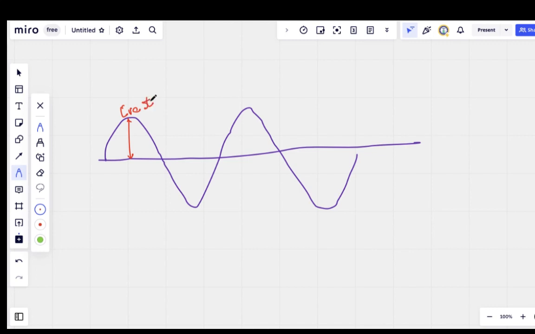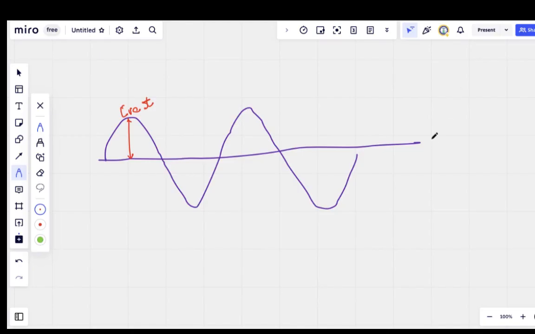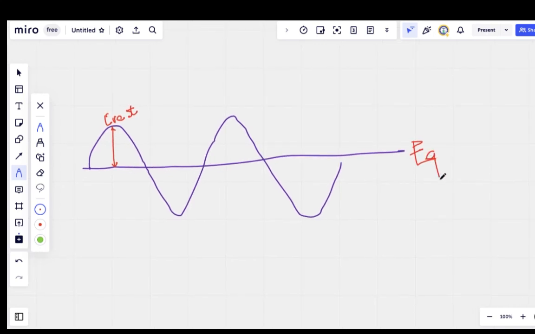So if we look at C and D again and see which one is more correct: it says the maximum distance from the equilibrium position of any point on the wave. Now remember, this horizontal line is the equilibrium position.